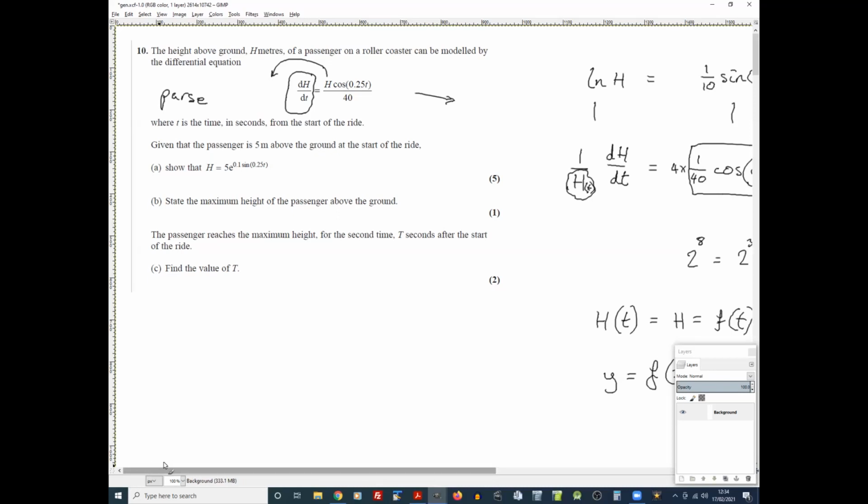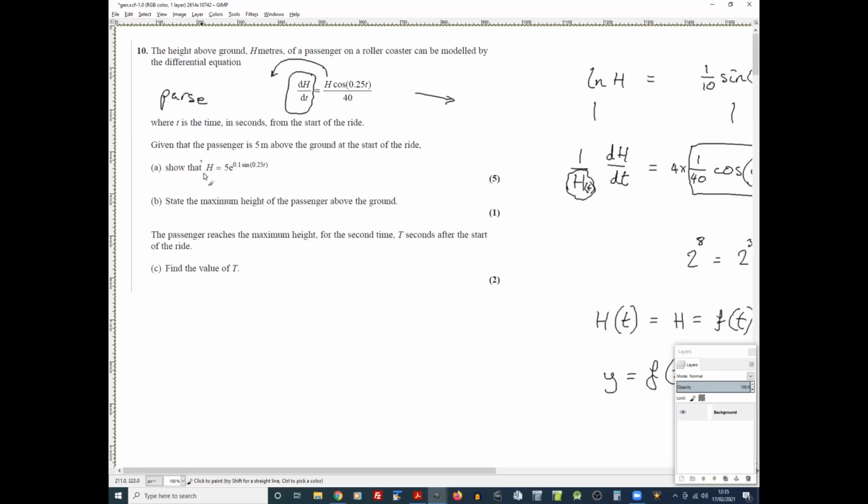State the maximum height of the passenger above the ground. I think you know how to do this. State the maximum height. Yeah. So wouldn't you set, let's think, the cos bit to 1, because you know that's the highest it's going to reach. I can't see the equation, but whatever we finished with, sine.